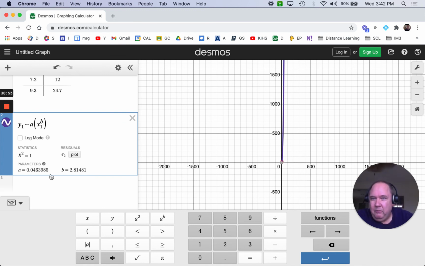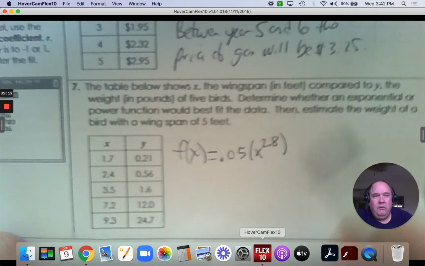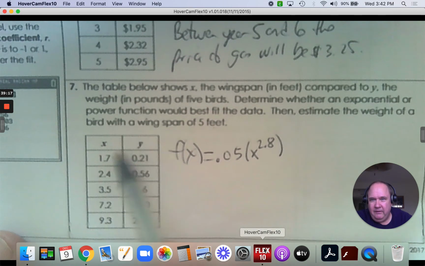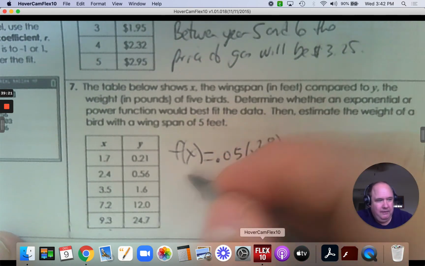So it's a power one where A is 0.05, times x to the exponent 2.8. So this is what it looks like. And then the question is, estimate the weight of a bird with a wingspan of 5 feet. So x is 5, and what would the weight be?